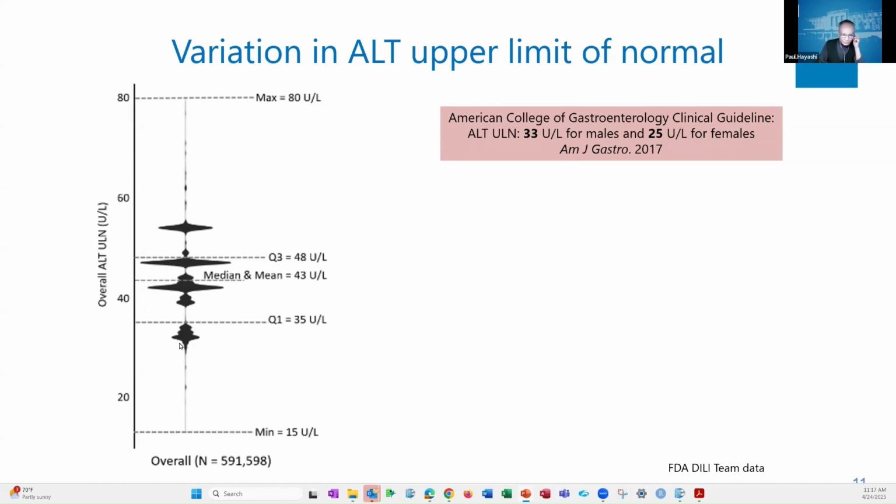And a violin plot showing the variation. So the lowest upper limit of normal that was reported to us was 15. The highest was 80. But even in this middle range, in the violin, where most of the upper limits are, there's still a wide variation from 55 to about 30. And this coincides with my experience.